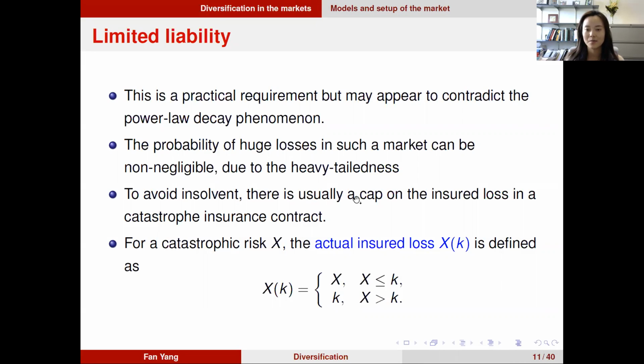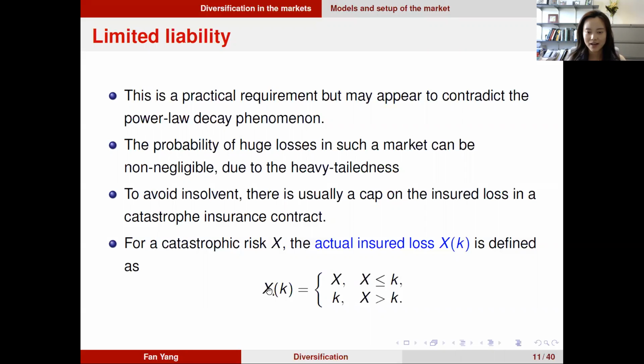So they usually put a cap on the insured loss in their catastrophe contract. That means the insurer won't cover all losses from the event. They will have a limit there, and they cannot cover everything. Otherwise, they will certainly go bankrupt. So for practical reasons, there's always a limited liability for the insurer.